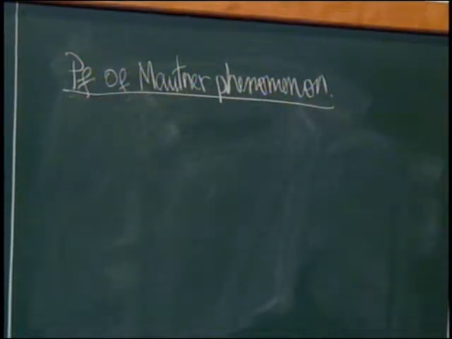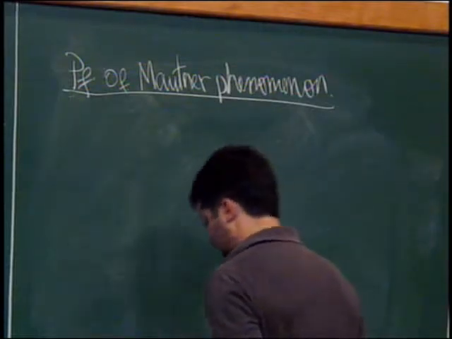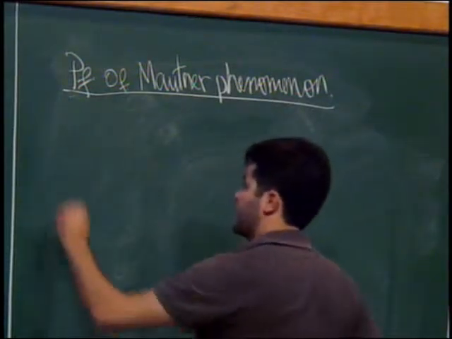So the idea of the proof of Ratner phenomenon is actually, again, to use the fact that the geodesic flow renormalizes the horocycle flow. And the fact that we use is a lemma that I'm going to state in a second.